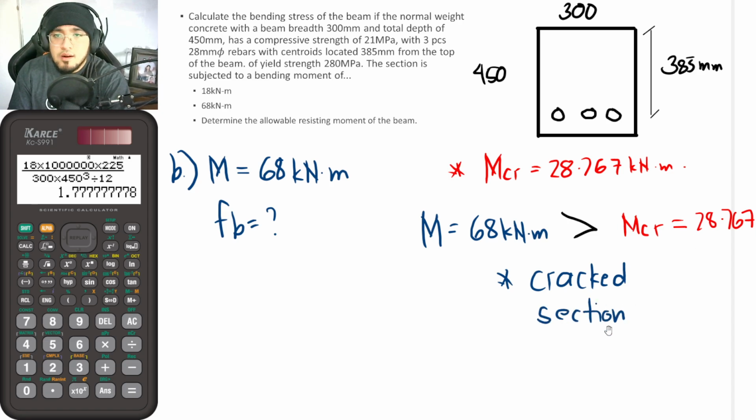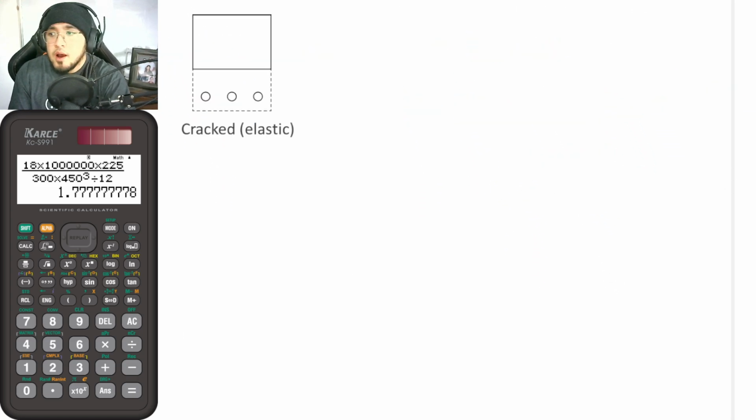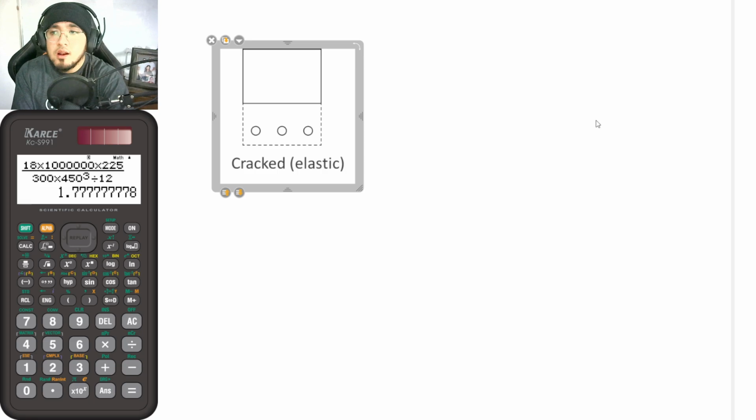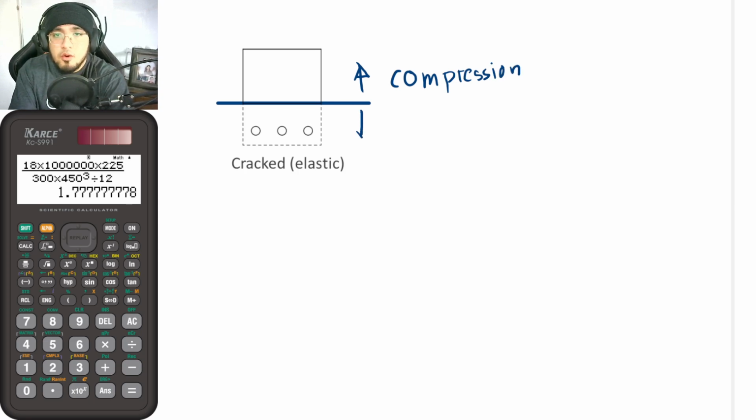So what does a cracked section look like in theory? From our previous video, I have already shown you this particular section. Suppose that this is the neutral axis. If the beam is experiencing positive moment, everything above the neutral axis will be under compression, and everything below it is under tension.